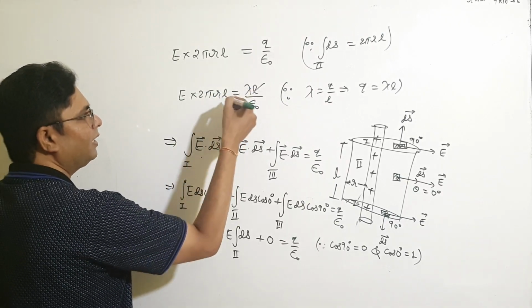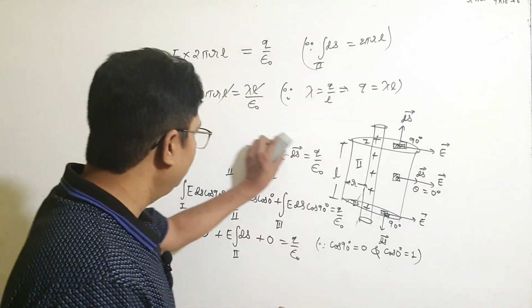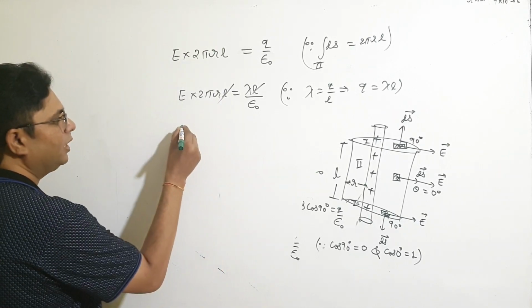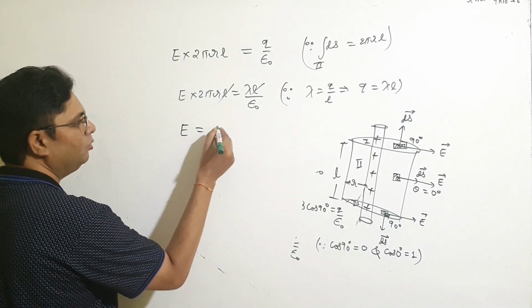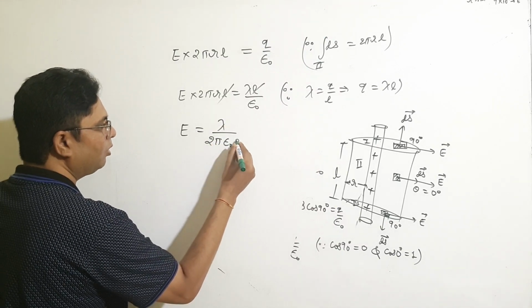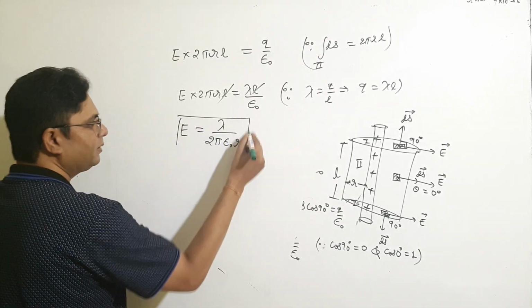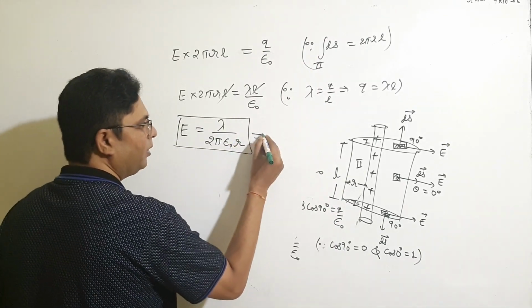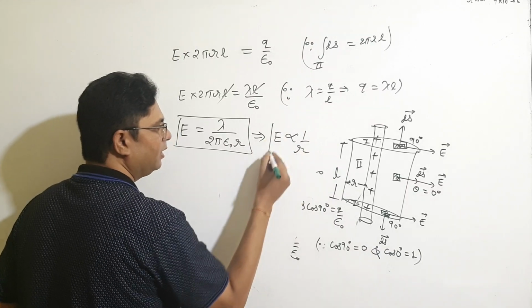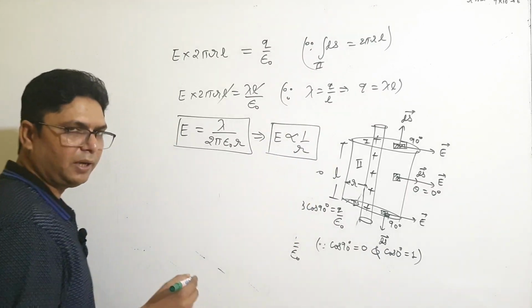So here L will cancel out and you get the expression for electric field. So electric field E is equal to lambda upon 2 pi epsilon naught R. This is the expression for electric field. From here you have E is proportional to 1 by R.